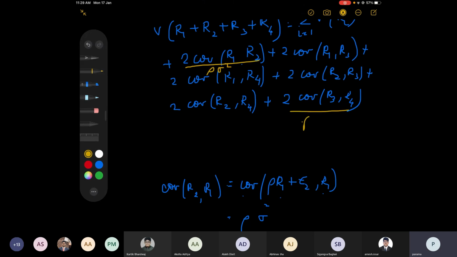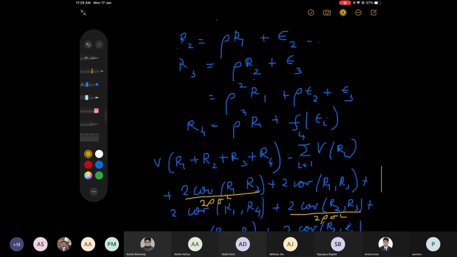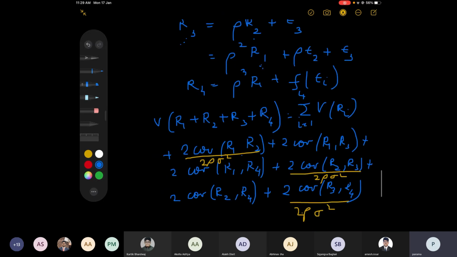R3 and R4 can also be replaced with, otherwise we should also put 2 rho sigma square. And R2 and R3 should also be the same, 2 rho sigma square. Now what can we say about R2 and R4? R2 will come here in this equation. R3 with R1 will be similar to R4 with R2. So covariance between R2 and R4 would be rho square. The rest of the terms are uncorrelated.